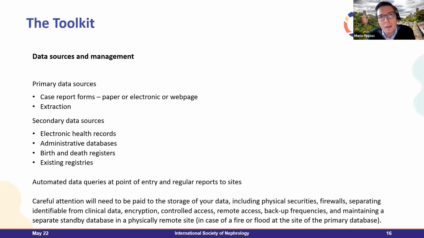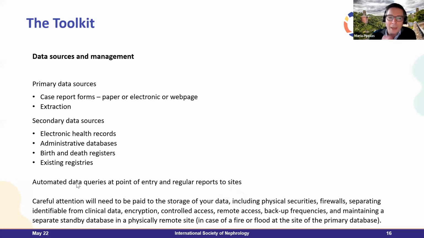And so it's a useful thing to do to provide reliable and robust results for even a simple analysis like survival. And existing registries, maybe there's a PD registry, maybe there's a transplant registry. If you can link into those other registries, or if you're a PD registry, you might be able to link into an HD registry and get some of your fields without you having to collect the data again.